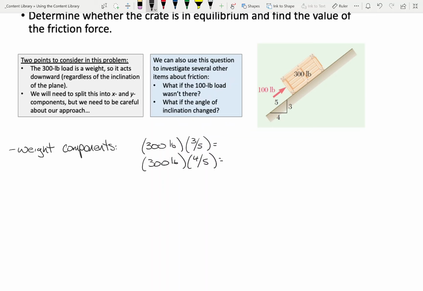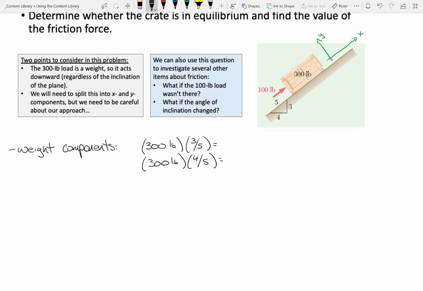And when I say X and Y components, I'm sort of treating the system like this, okay? I'm saying, let's not deal with X and Y like this. Let's deal with it along the ramp, okay?